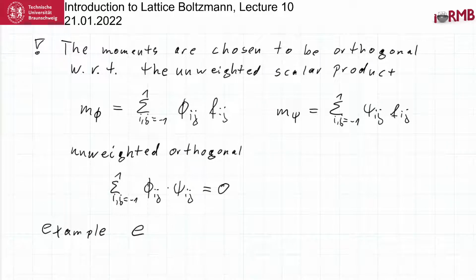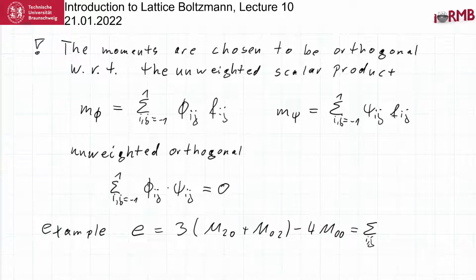Let's look at this moment E. This moment E is 3m20 plus m02 minus 4m00, which we can translate in the sum here. Ij from -1 to 1. So then this kernel function must be related to 3 times this moment, 3 times this moment.